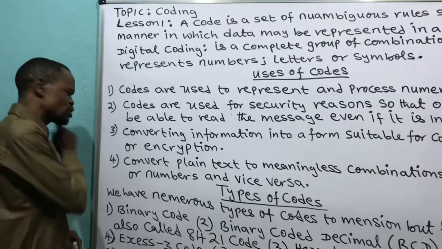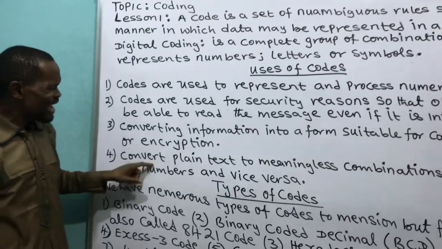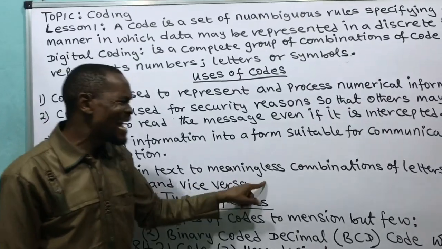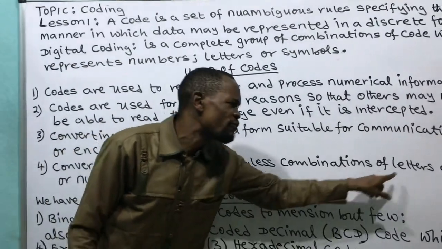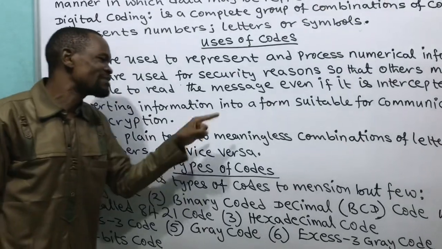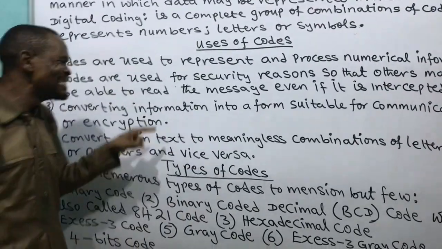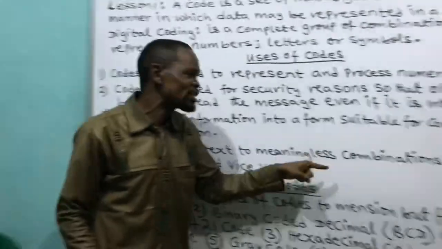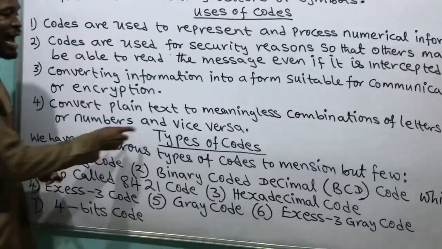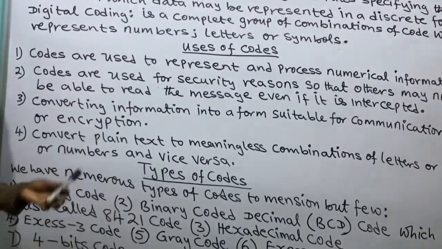Then number 4, convert plain text to meaningless combinations of letters or numbers, and vice versa. What does this mean?